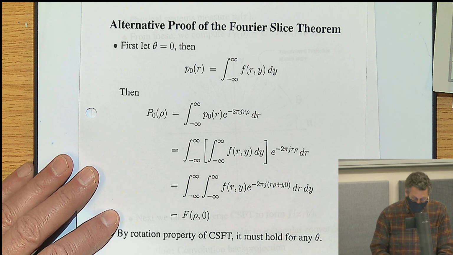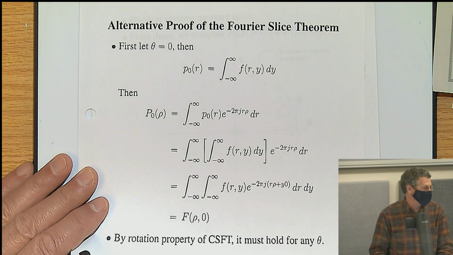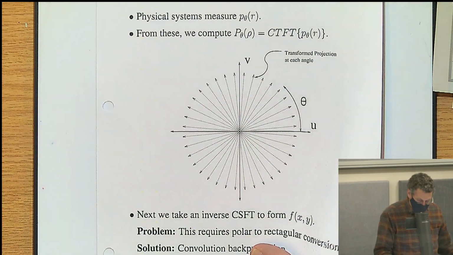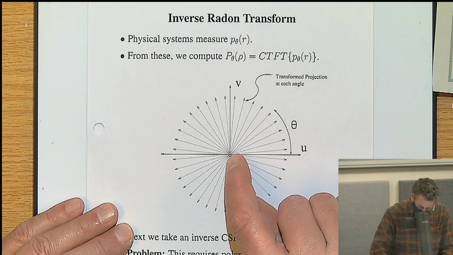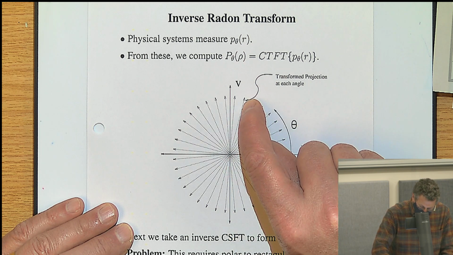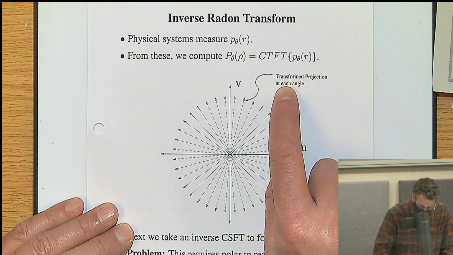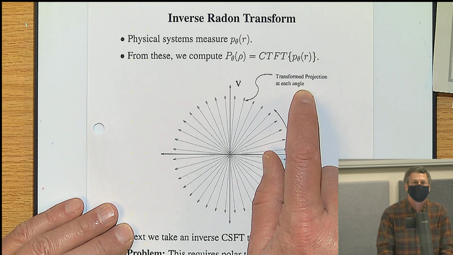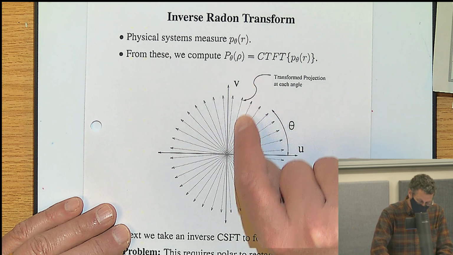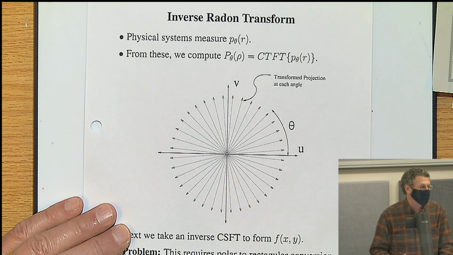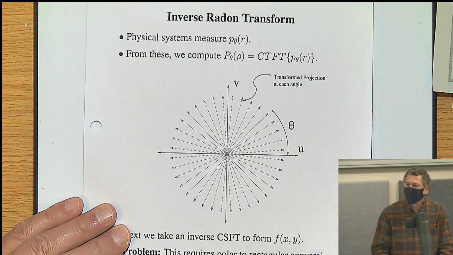So one is basically the polar coordinate representation of the other. This shows the transformed projection at each angle. For each angle, you take the Fourier transform and you plot it in polar coordinates like this, and you get the 2D Fourier transform. Are there questions about this?